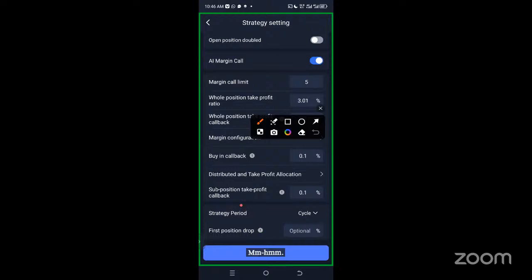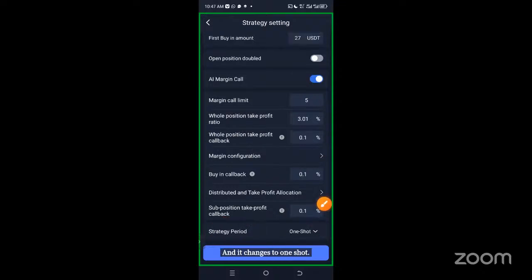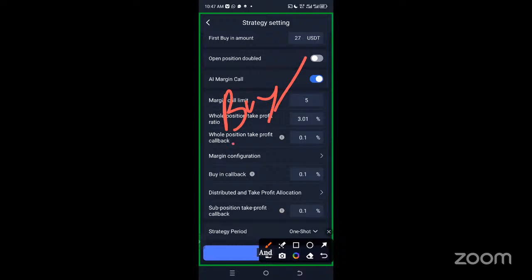Come on strategy period, you click on cycle and it changes to one shot. One shot means that you are telling the robot, if you buy this coin and it rises, sell it.